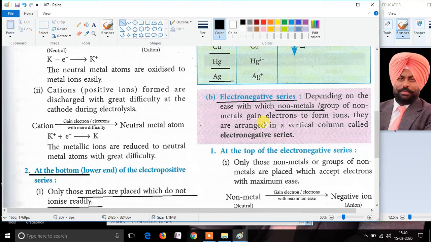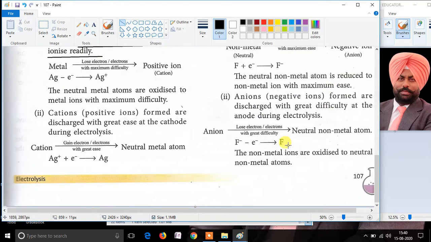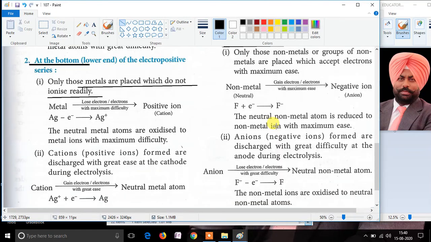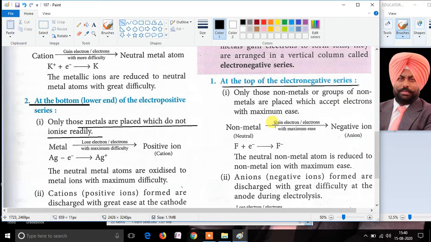Again, the same characteristics which we have studied in electropositive series will be applicable here: the elements which are at the top form the ions readily, but they do not easily migrate towards anode and cathode, while the elements which are at the bottom form the ions less readily, but they migrate towards anode and cathode easily.